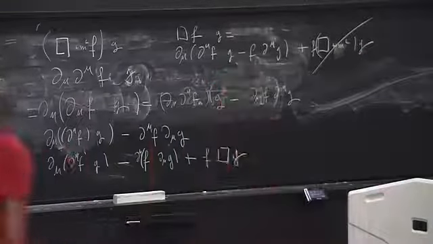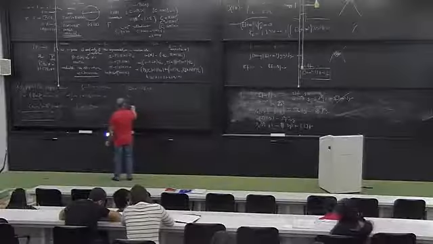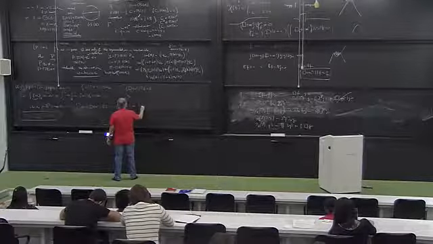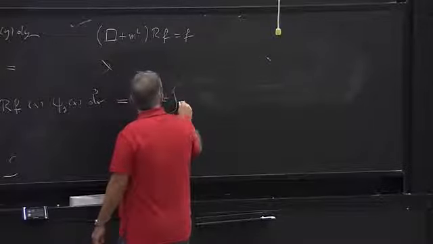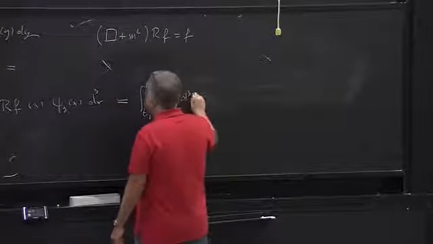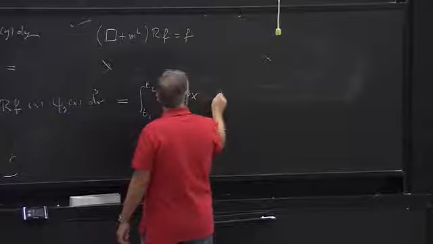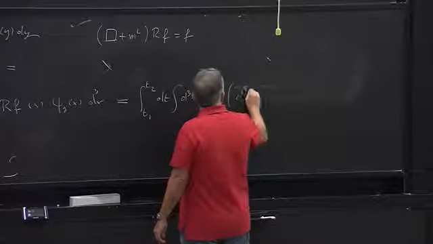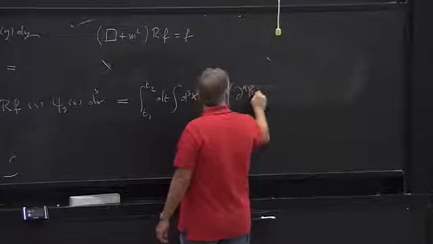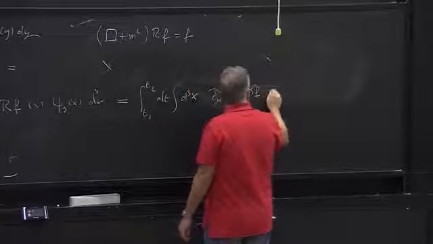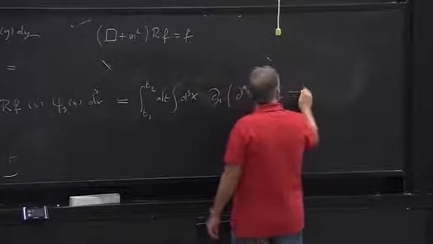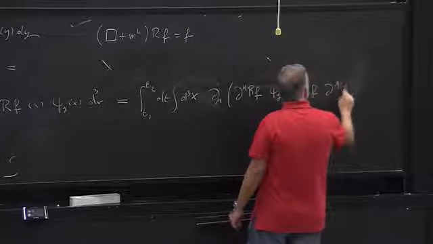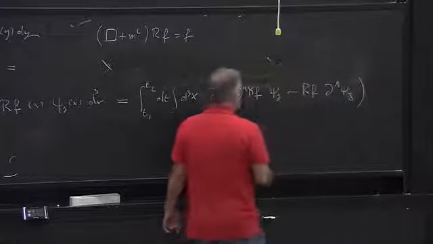So I get here, this is going to be equal to the integral t1, t2, dt, the integral over d3x, d mu of d mu rf psi g minus rf d mu psi g. Okay?